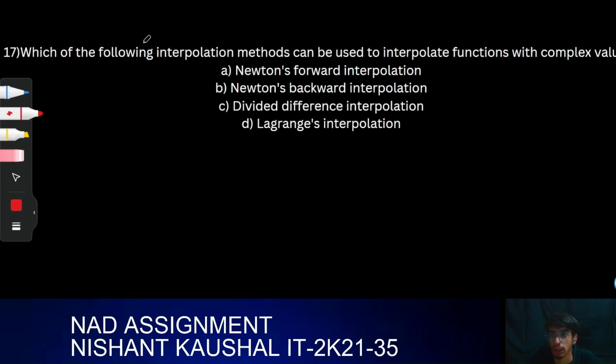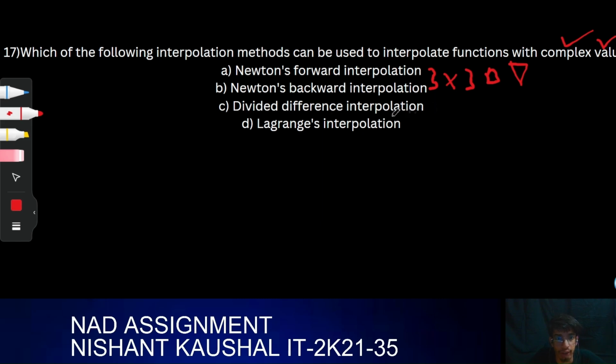Proceed to question number 17. Which of the following interpolation methods can be used to interpolate a function with complex values? Newton forward, Newton backward, divided differences, Lagrange's. Newton forward and Newton backward can't be the answer because these two use forward difference and backward difference operators, and calculation of complex values is not possible in them.